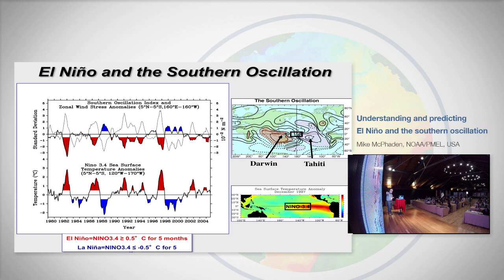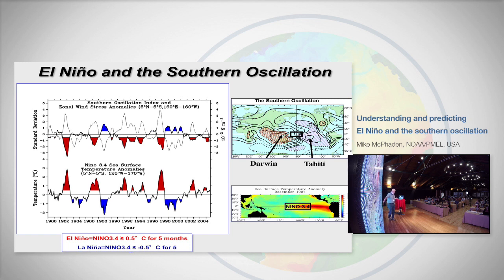So that's an atmospheric index, or two atmospheric indices. This is an index we use for sea surface temperature. It's called the Niño 3.4. It's in the central Pacific, where the atmosphere is particularly sensitive to changes in underlying sea surface temperature. We say it's an El Niño when this index is a half a degree Celsius or more for 5 or more months, and La Niña when it's a half a degree Celsius below normal for 4 or 5 months.